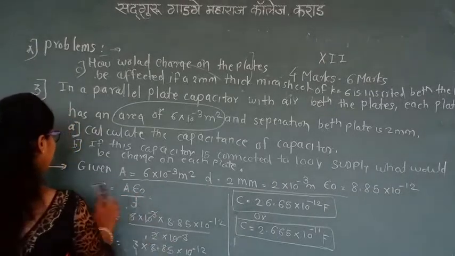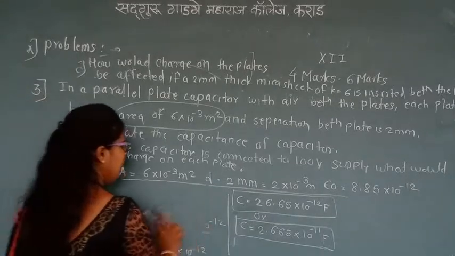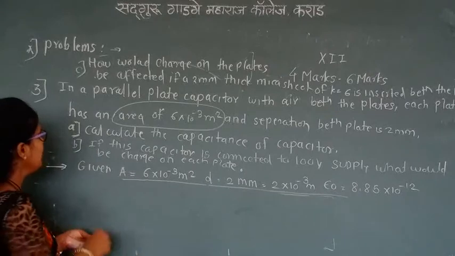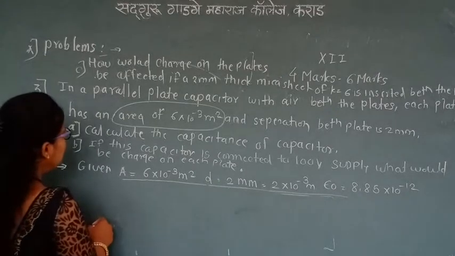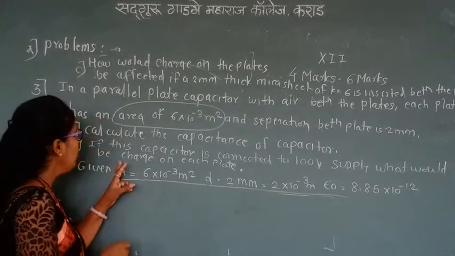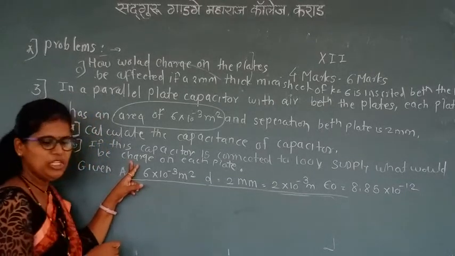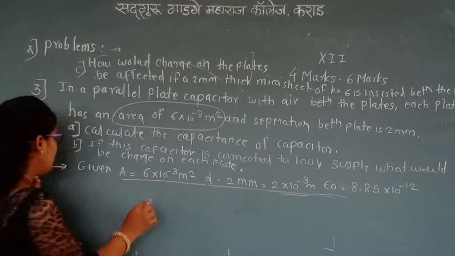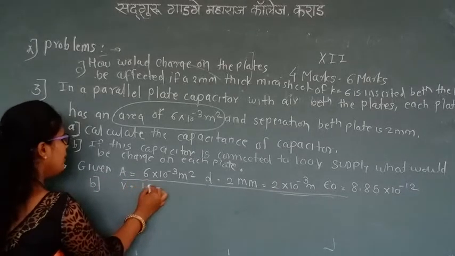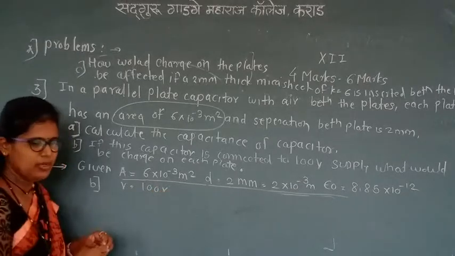Now part B. If this capacitor is connected to a 100 volt supply, what would be the charge on each plate? Here V = 100 volt supply is given to the capacitor.